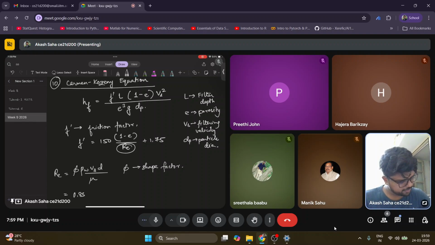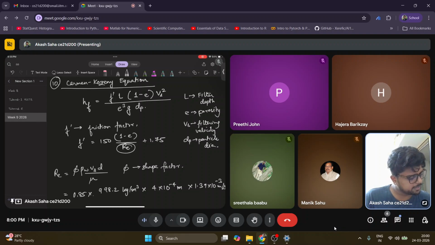So 0.85 into 998.2 kg per meter cube for the density. The filtering velocity is 1.39, and the diameter is 0.4 mm, so 4 into 10 to the power minus 4 meter, divided by mu, which is 1.022 into 10 to the power minus 3 kg per meter second.